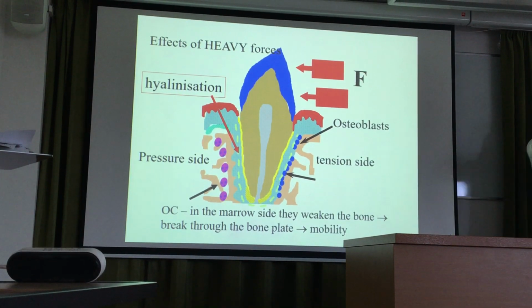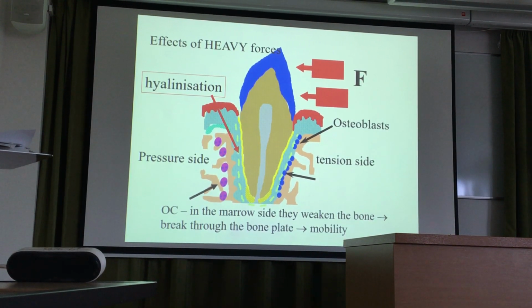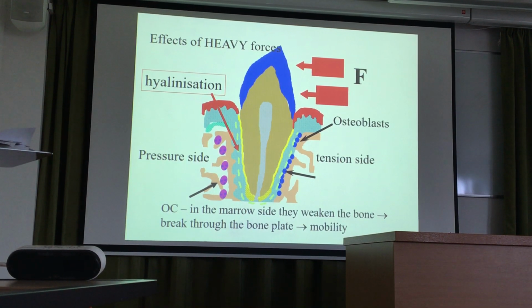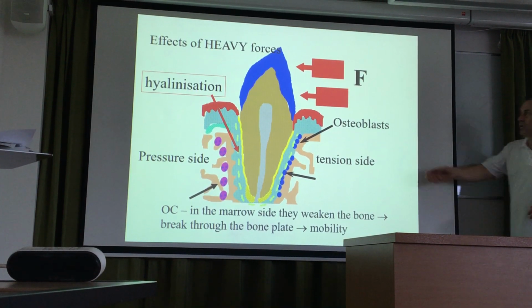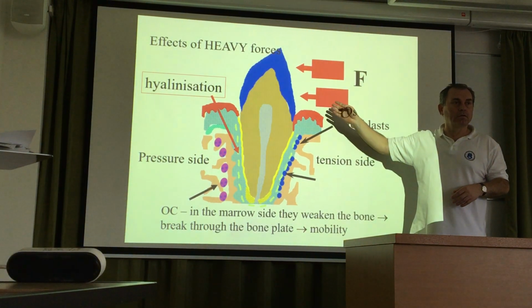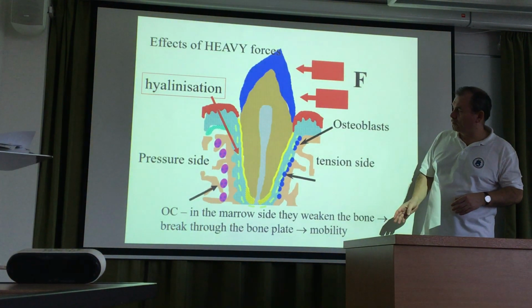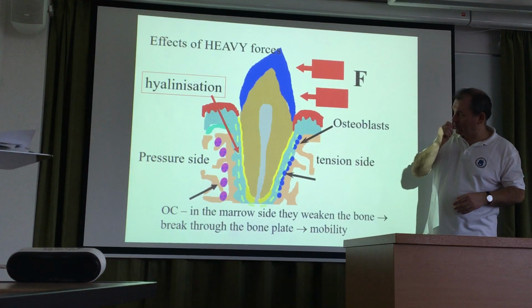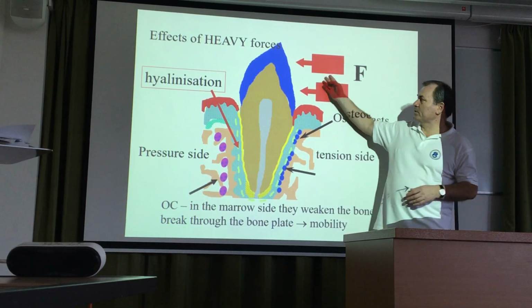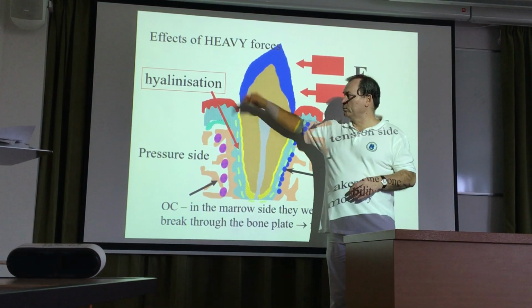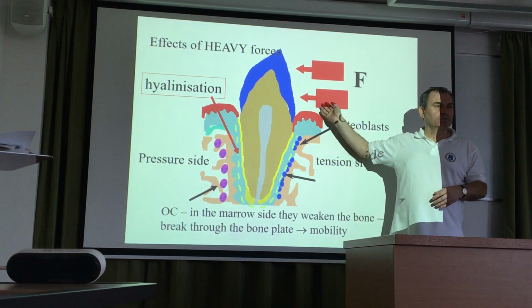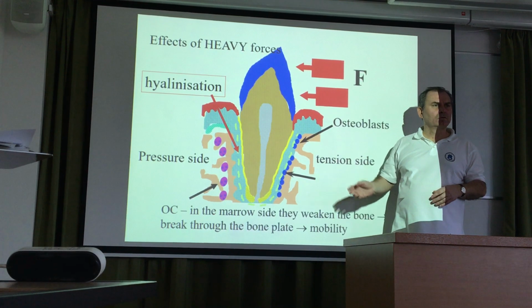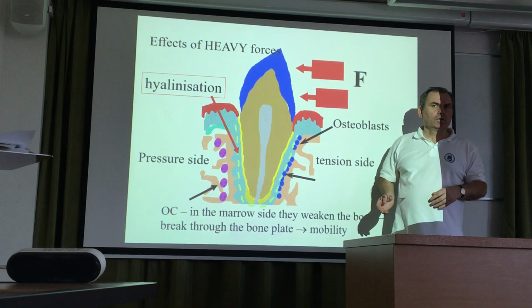Yes? The pressure side is distally and the tension side is medially? It could be distally or mesially. If the root is tilting distally, then the pressure should be always distally? The pressure side is always the opposite side of the force application. But do we need to know if it's medially or distally, or is it always distally?